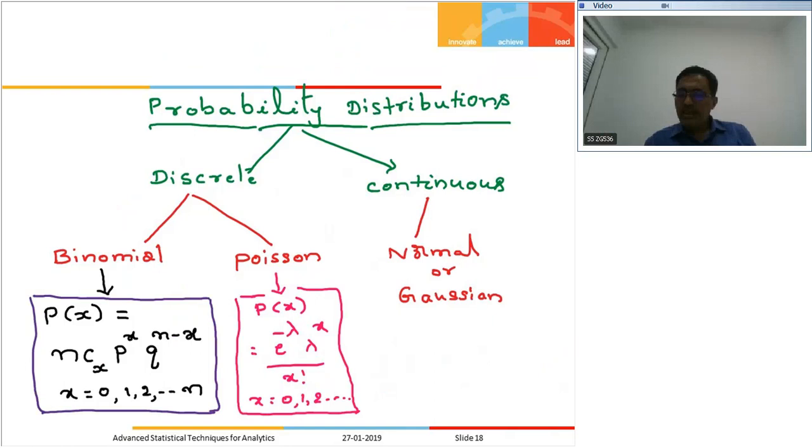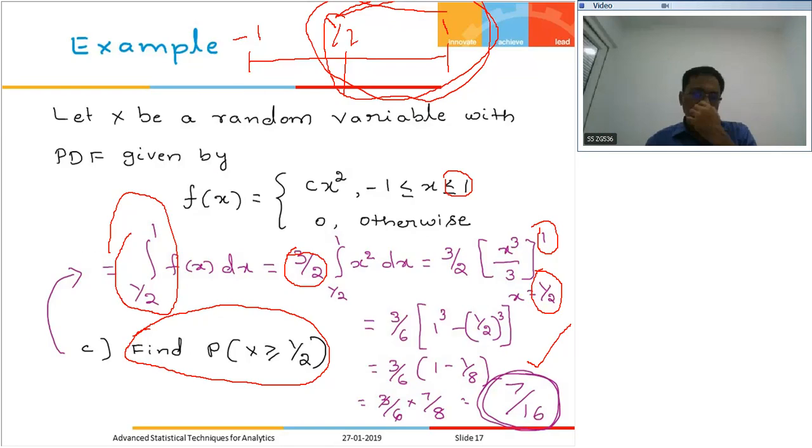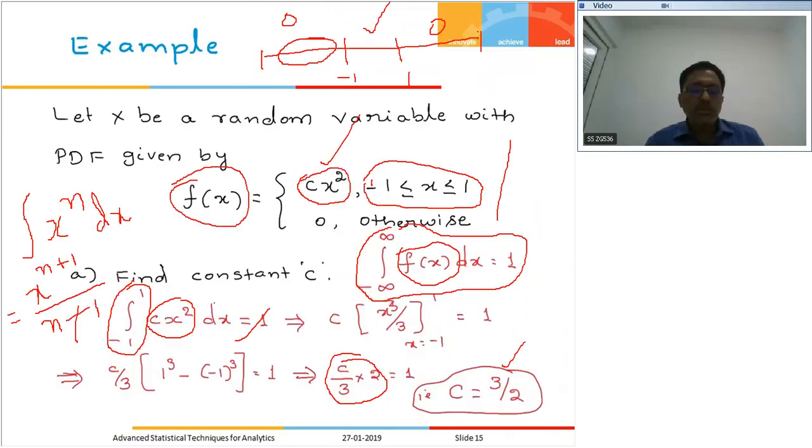Can you please help us understand the value of C? How did you do that integration? The value of C is what we already got at the beginning of the problem. Once we had the C value, f of x becomes 3 by 2 x squared.